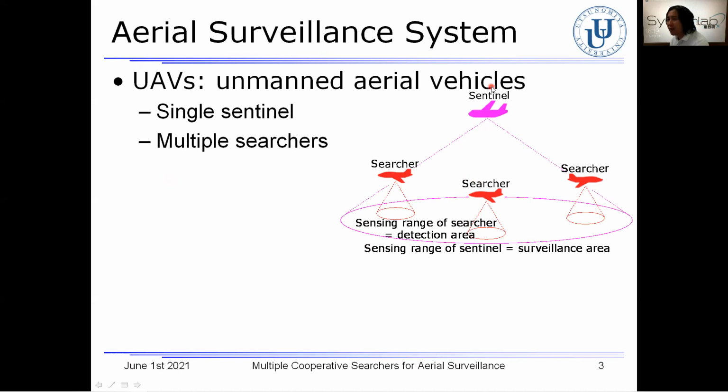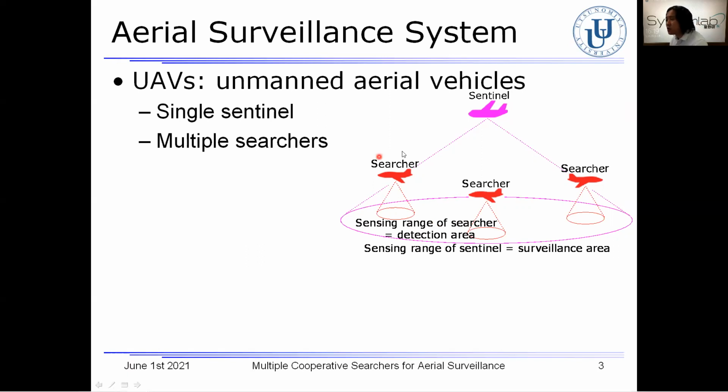The sentinel operates at a place higher than the searchers. A sensing range of the sentinel is drawn by this pink circle. If an unidentified event occurs in this surveillance area, the sentinel detects the position. However, the sentinel is not capable of identifying the event precisely.